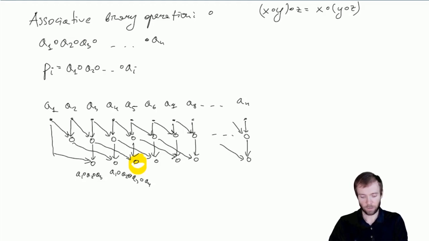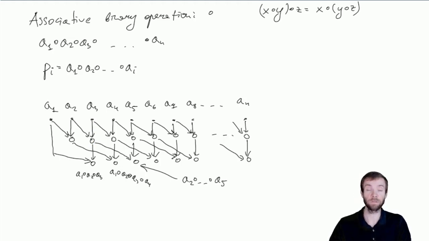At this node, for instance, we have the product of A4 and A5 multiplied by a product of A2 and A3. So here we have the product of A2 through A5. And by the way, it is highly important here that our operation is associative.